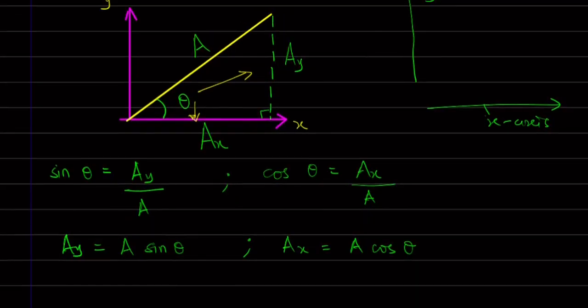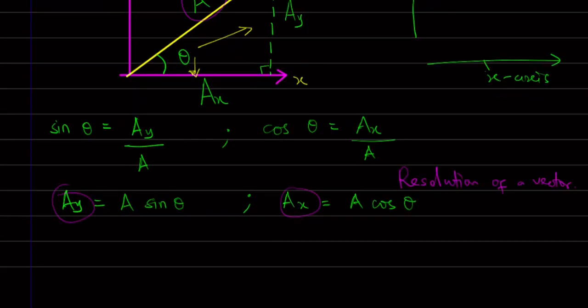Now we have split this vector. The original vector is A. We have split it into two, that is along the y-axis and along the x-axis. The process of splitting a single vector into its components, y and x, is known as resolution of vectors.